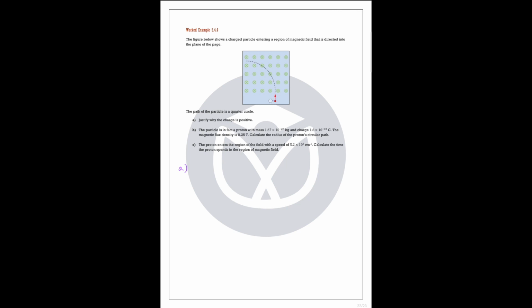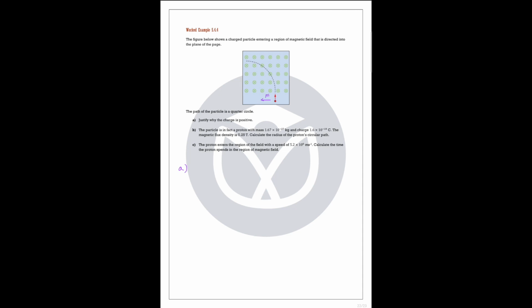So force is towards the left. We can also see that the magnetic field is into the page due to the arrow tip indication. By using Fleming's left-hand rule, we can orient our hand such that the thumb is pointing towards the left of the page.